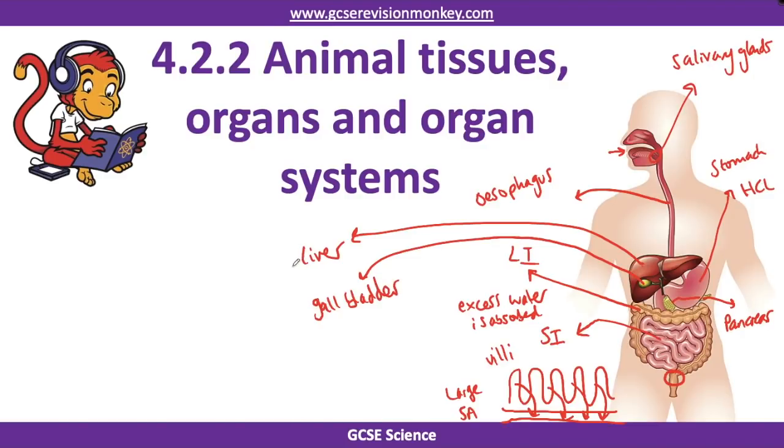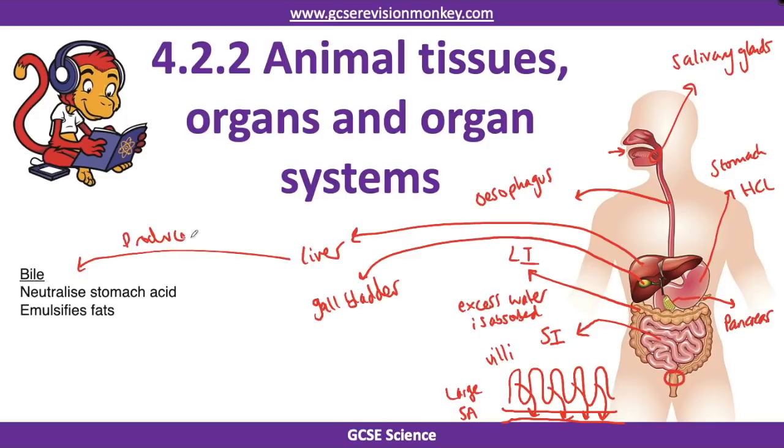These two organs are involved in digestion because of bile. The liver produces bile and it is stored in the gallbladder. And bile is a chemical that does two major things.